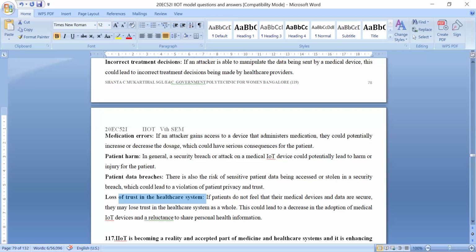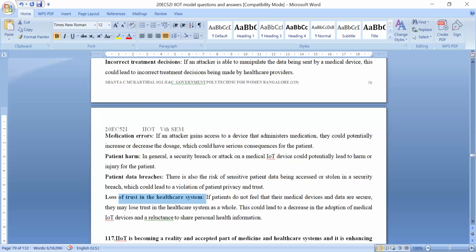This loss of confidence will slow down the benefits in the healthcare industry. They do not feel that their medical devices and data are secure because their data has already been stolen by somebody, so they will lose trust in the healthcare system.